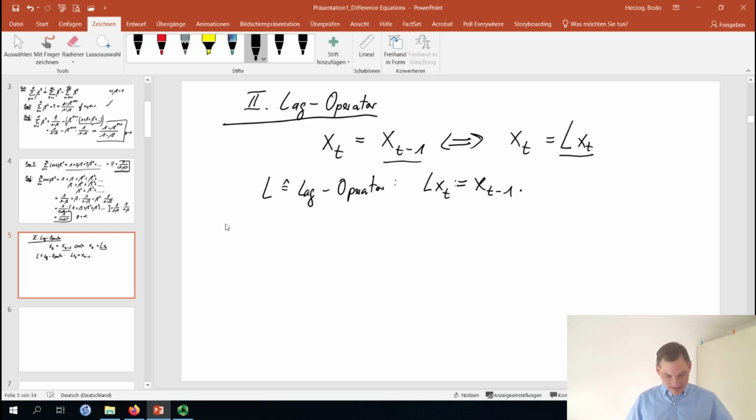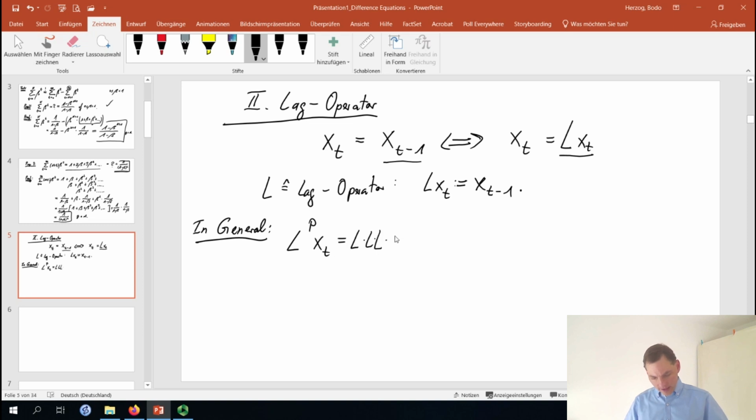Of course, this idea can be generalized. In general, when we have L to the P of x_t, you can say this is L applied P times to my x_t, and you can imagine what it is. Here the L is 1, so it's shifting to t minus 1.